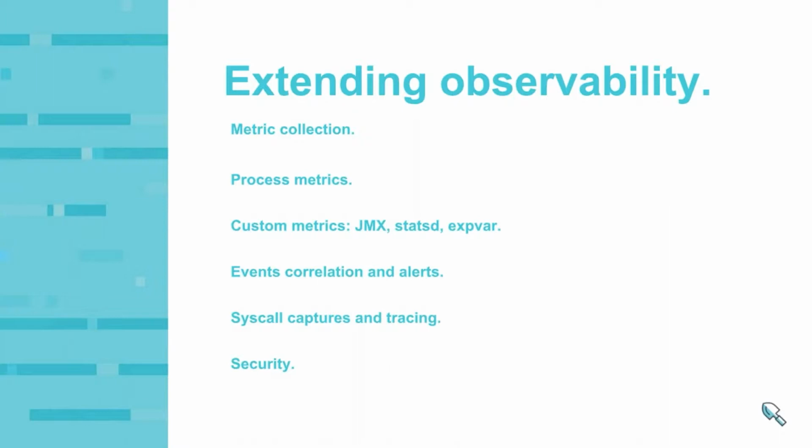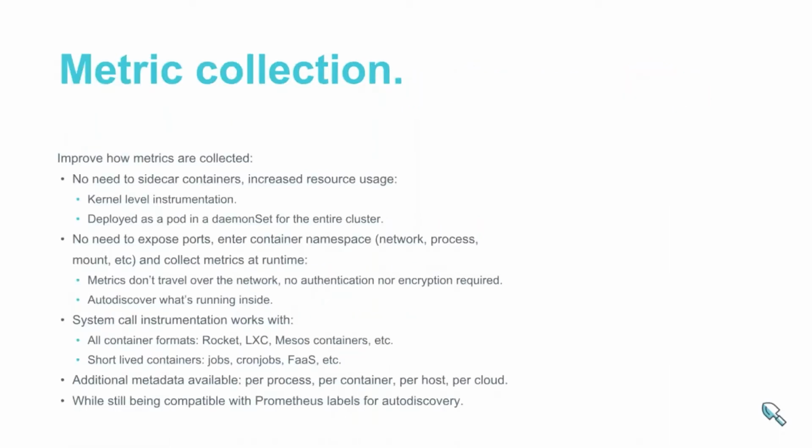We'll look at how metric collection works, how we can get per process metrics, how to deal with custom metrics, event correlations and alerts, and then using system call tracing for troubleshooting, or even other not so direct use cases, but they are actually very linked to observability, like security for your containers.